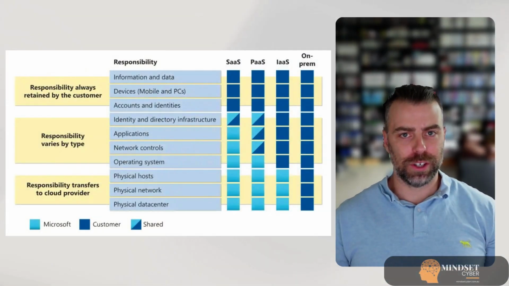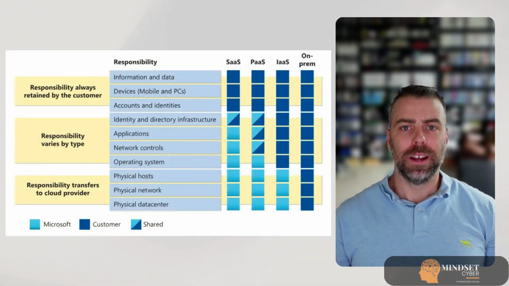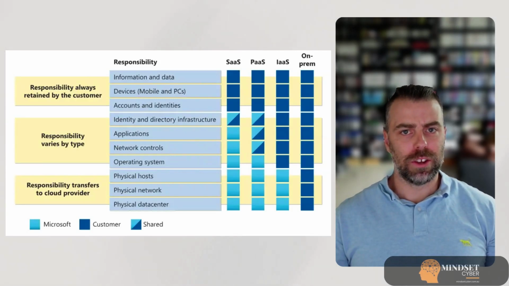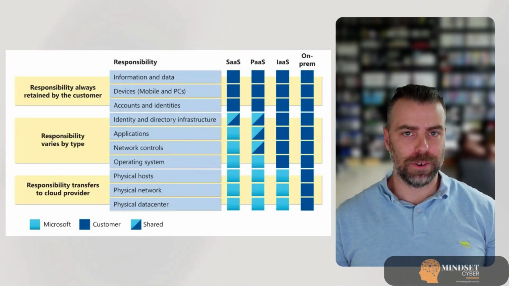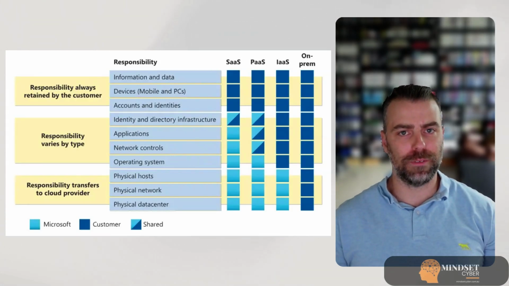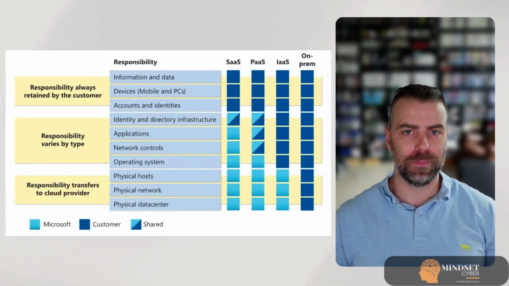Let's break it down to a typical split of responsibilities by the service type. Infrastructure as a service, IaaS. This is things like AWS EC2 or Azure VMs. You get the virtual machine and the networking. The provider secures the underlying infrastructure, but it's your responsibility for the OS, the apps, configs, firewalls, and patches.